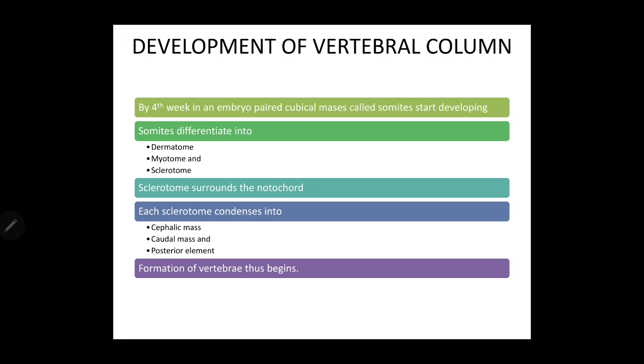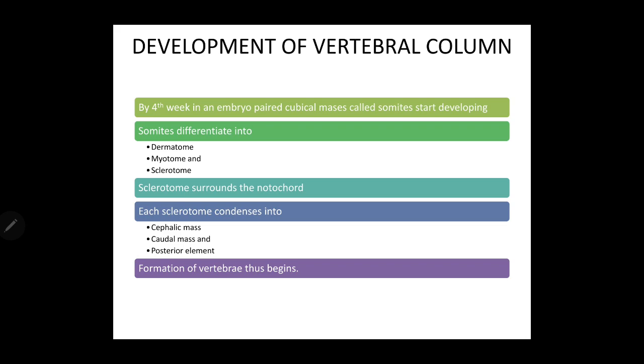All these three structures receive blood supply from a common segmental artery, which is a branch from the radicular artery, which is arising from your aorta.